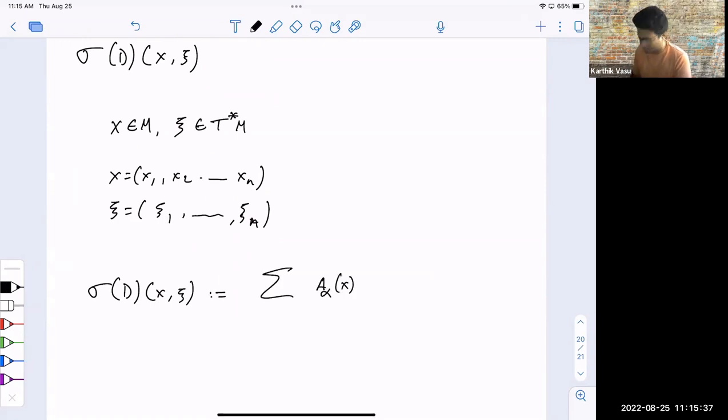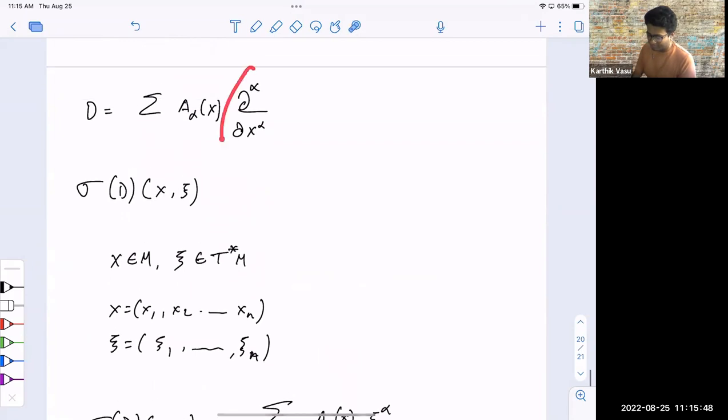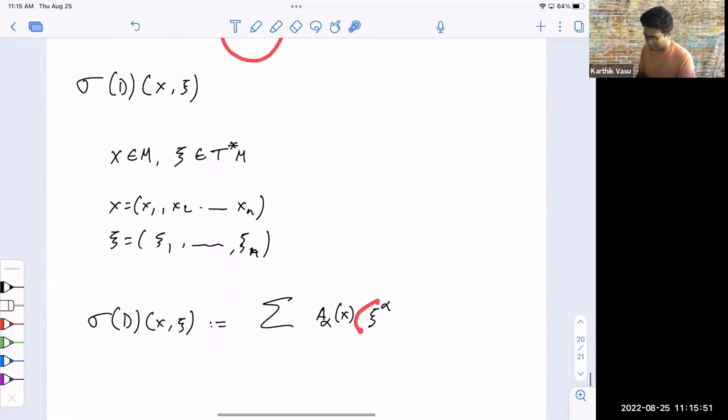A alpha doesn't change. It's only the derivative part which changes. It just becomes appropriate powers of c. If you're differentiating with respect to some xi, just take those ci.